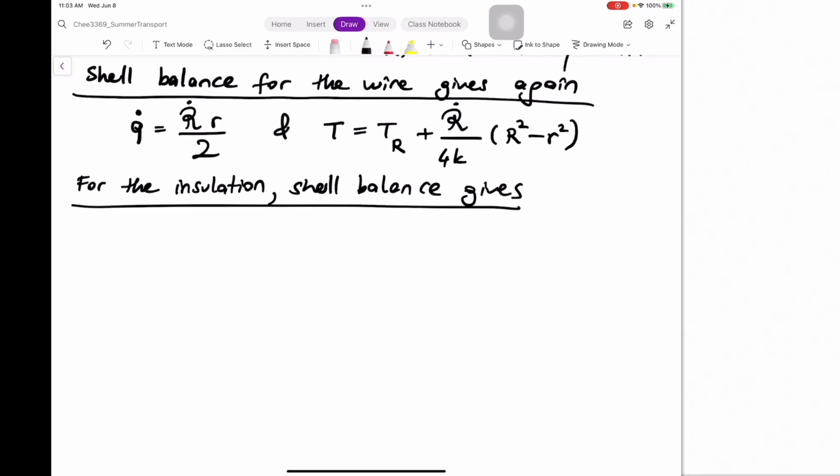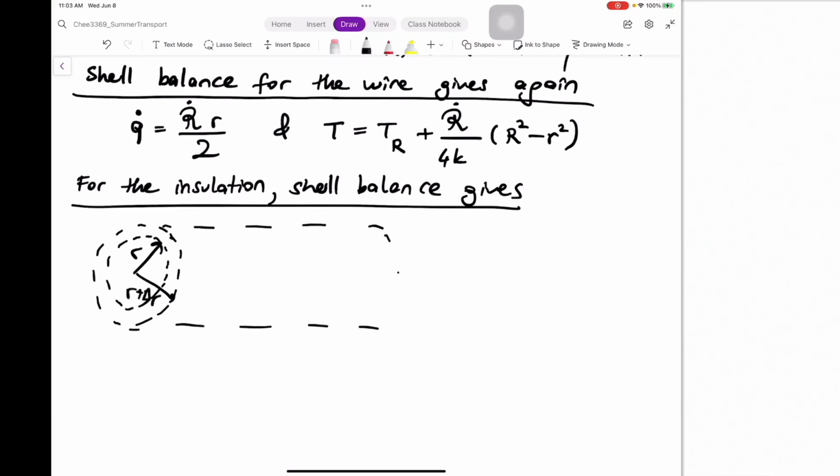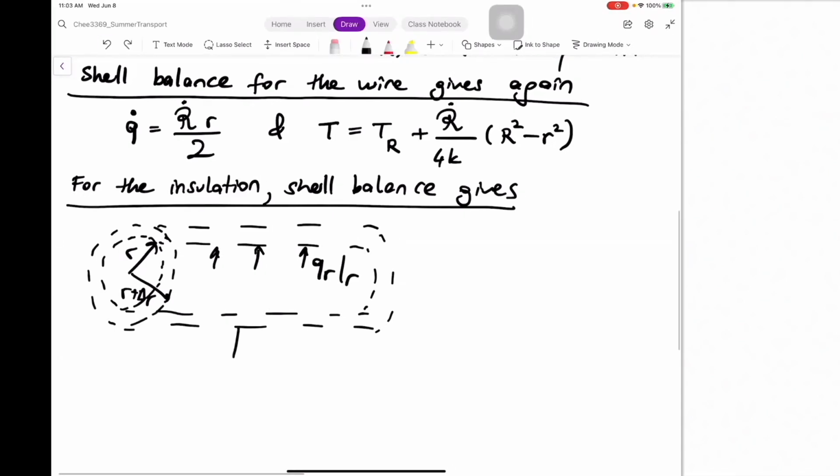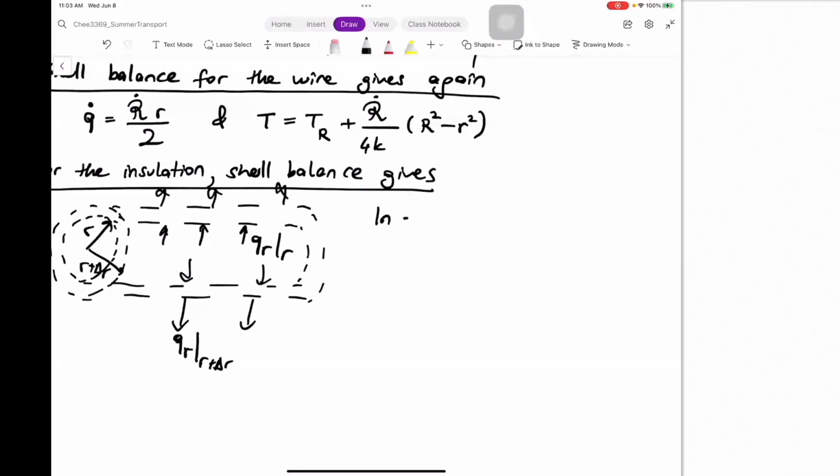If you do the shell balance, or maybe let's do it this way: radius R, R plus delta R. Your flux is getting in here, QR at R, and the flux going out here, QR at R plus delta R. Then you write the same thing: in minus out plus generation is accumulation.